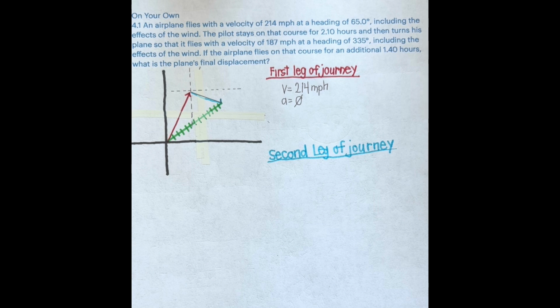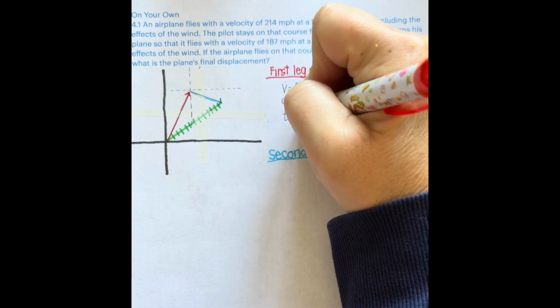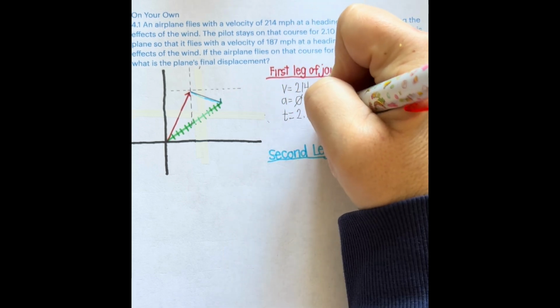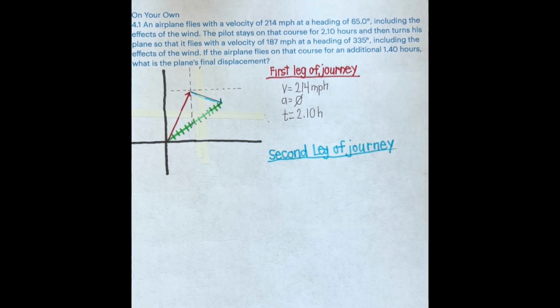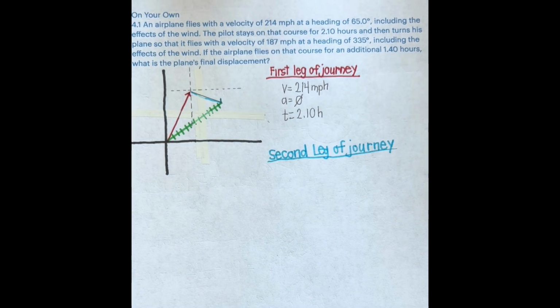The time is 2.10 hours. So then we have to figure out which of our one-dimensional equations we are going to want to use. Once again, we're going to use the one that solves for displacement.